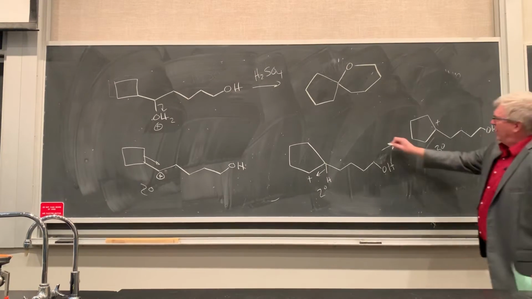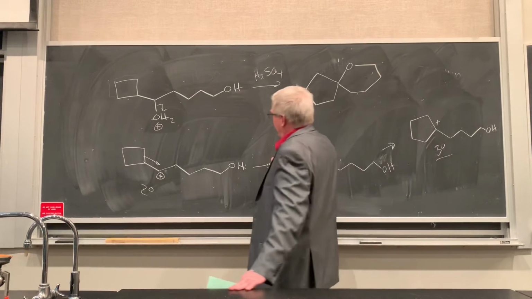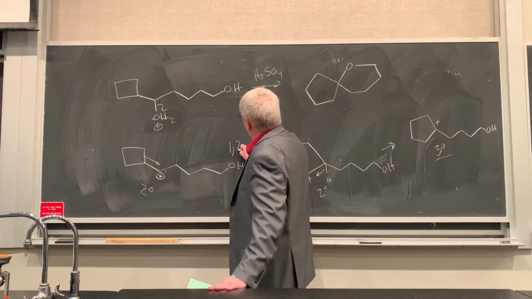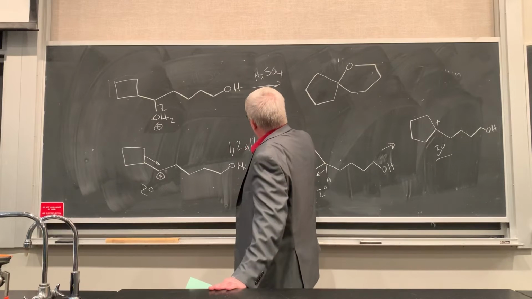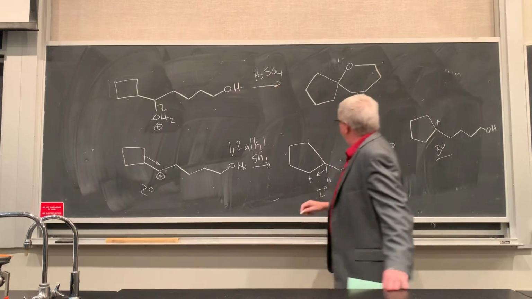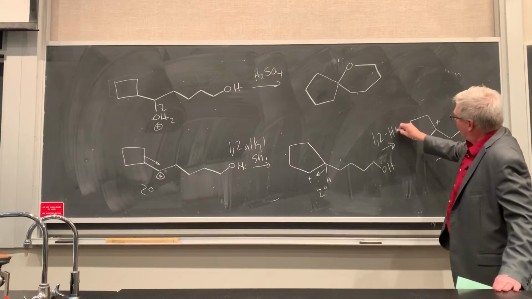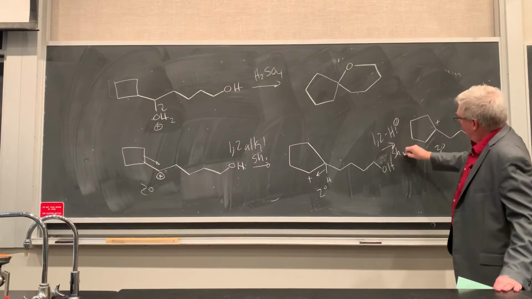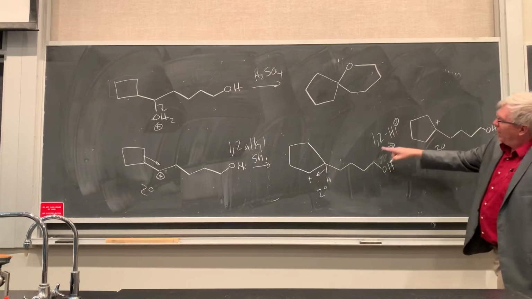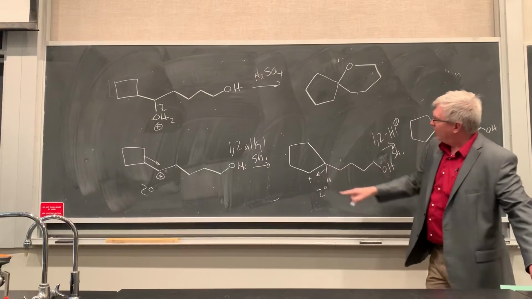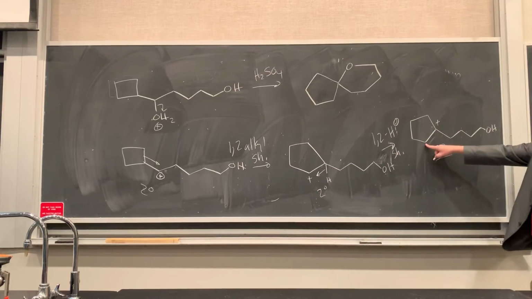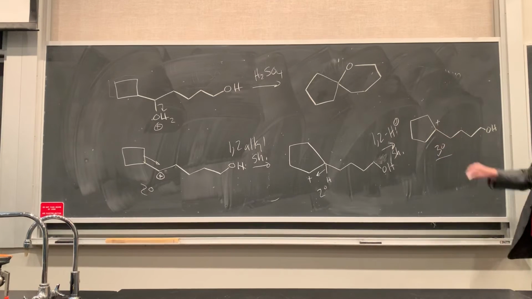So we have initially a 1-2 alkyl shift, and then we have a 1-2 hydride shift. What migrated there was this hydrogen with its pair of electrons. And you see that wipes out the positive charge there. There's now 2 hydrogens there, and it creates the carbocation right there.